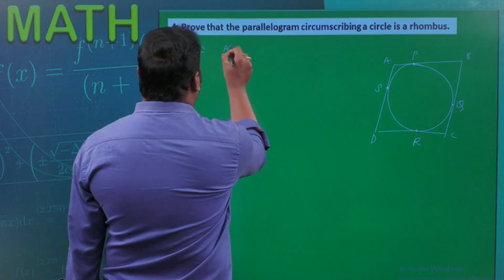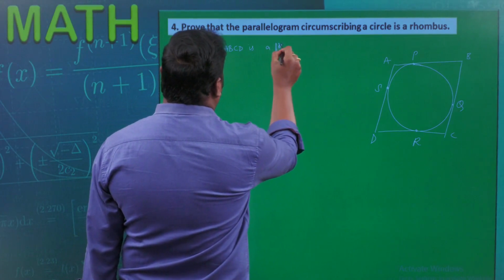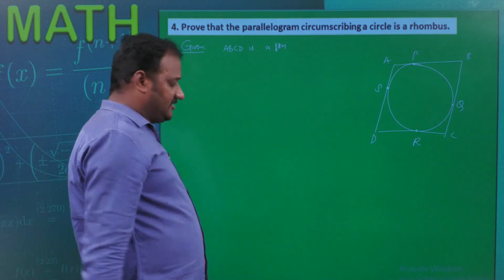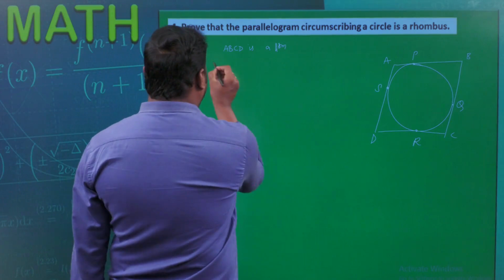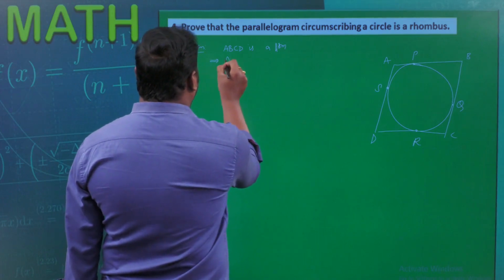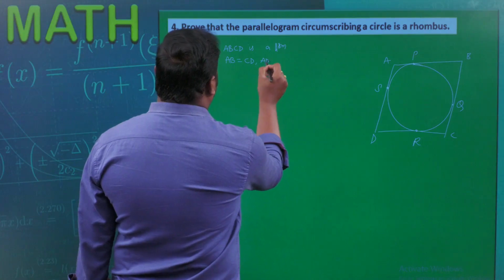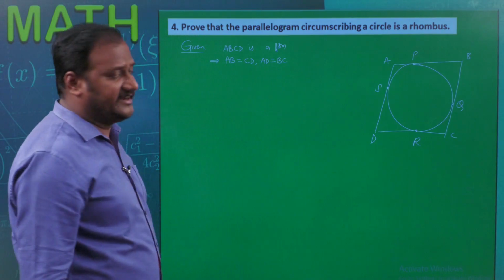ABCD is a parallelogram. What do you mean by parallelogram? In a parallelogram, opposite sides are equal. That means AB is equal to CD and AD is equal to BC.